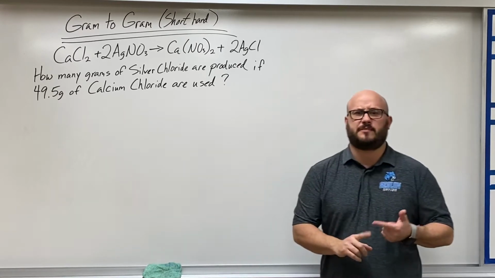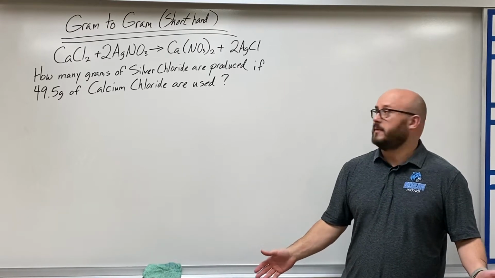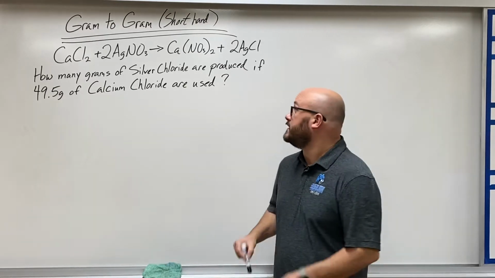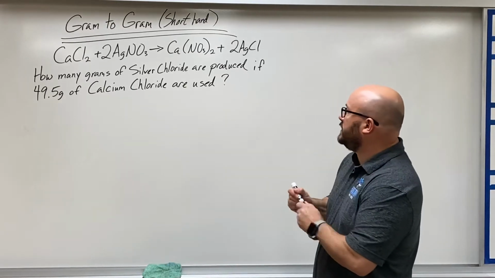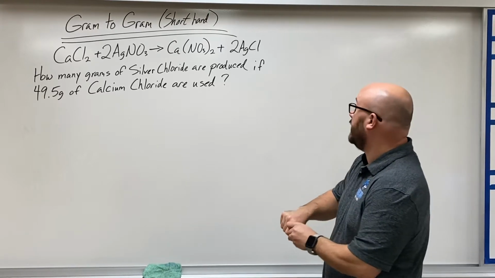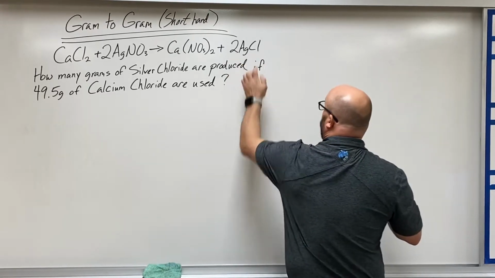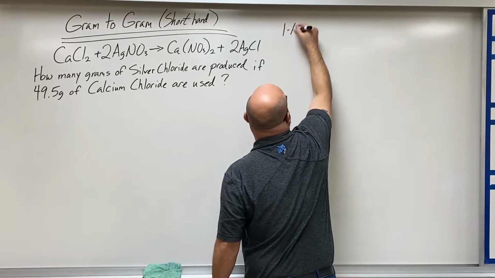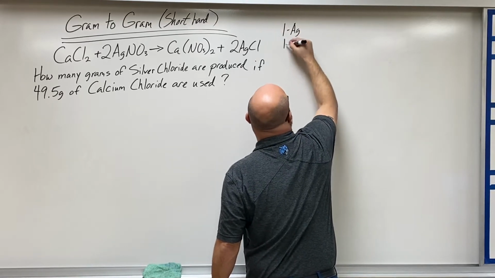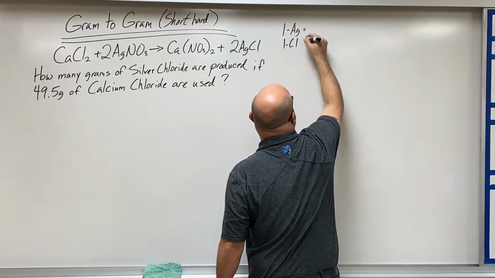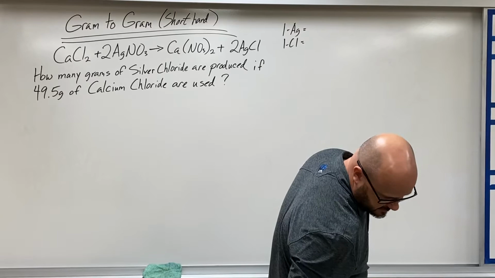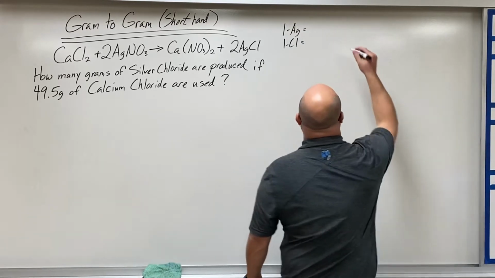The first step is still, you got to find the molar mass for both because you're going to be using grams. So, first up, how many grams of silver chloride? Silver chloride over here, AgCl, 1 Ag, 1 Cl. Silver's atomic mass is 107.868.